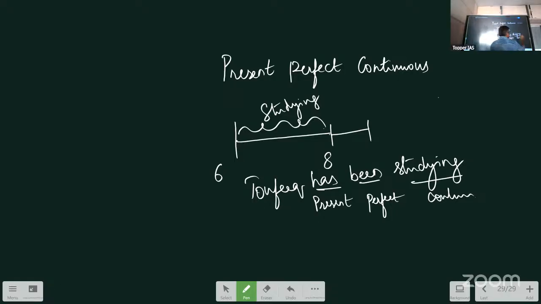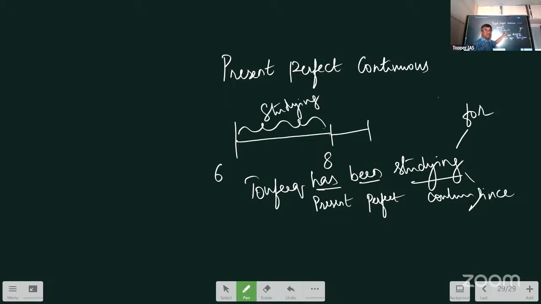So here you must be careful. You can use for or you can use since. Now, a common question type in exams. Taufik has been studying since 2 hours. What is the error? When you can count, all of you know what is countable, right? Can I count from 6 to 8?